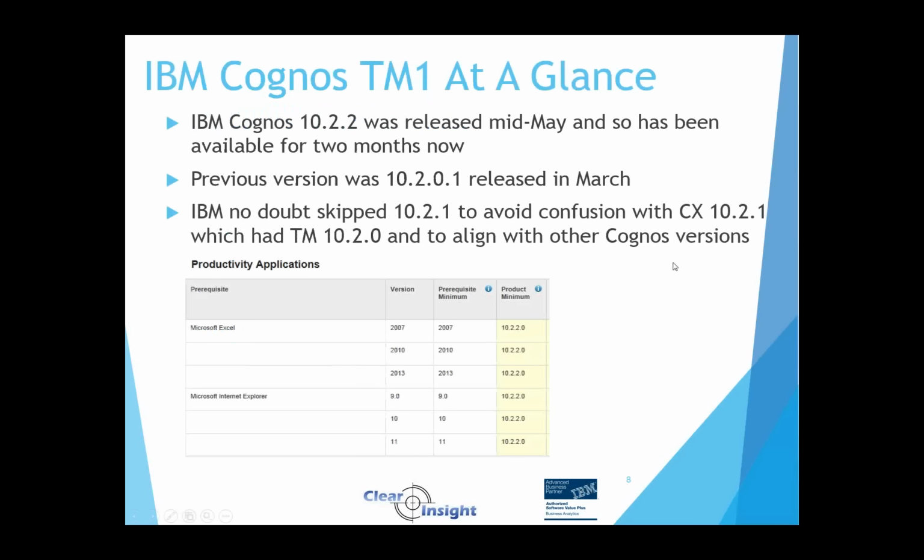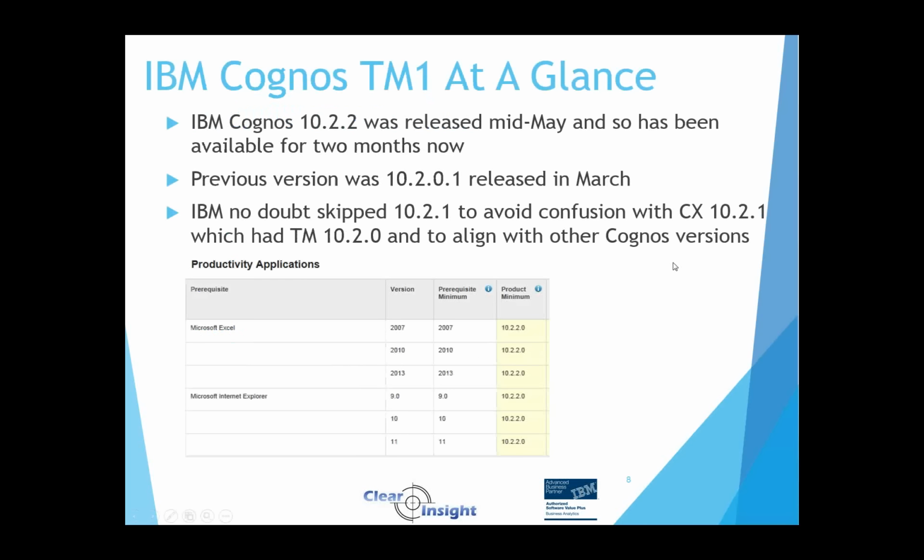You might say 10.2.2 and say, well, what happened? I missed 10.2.1. Well, because 10.2.0 was released in March, but there was no 10.2.1. So don't worry, you didn't miss 10.2.1. IBM skipped 10.2.1. Maybe they thought 10.2.2 was so exciting it was worth skipping a release. Maybe that's the case.